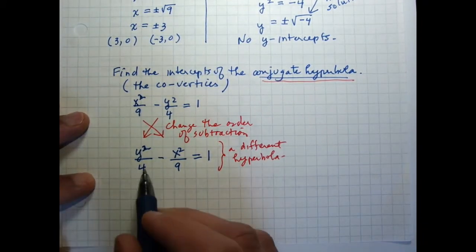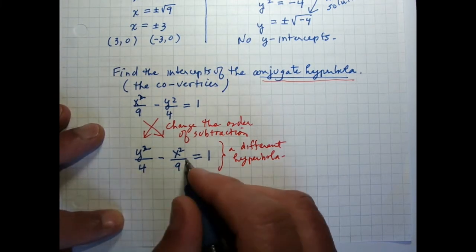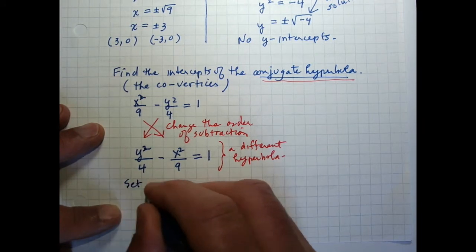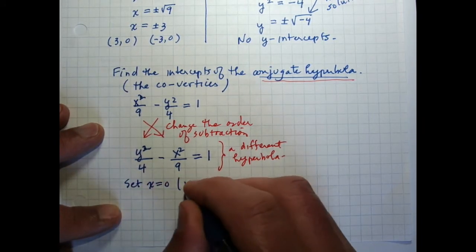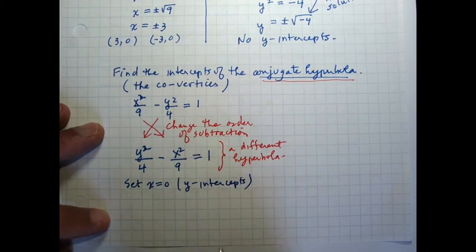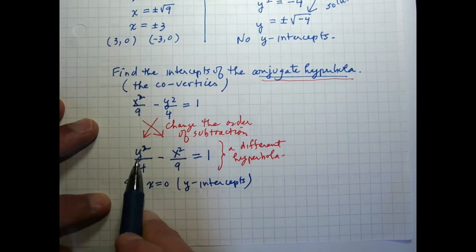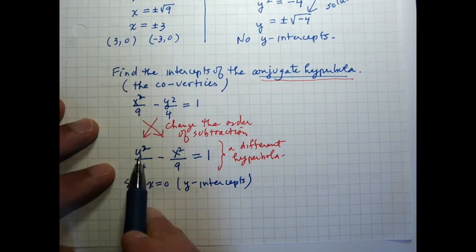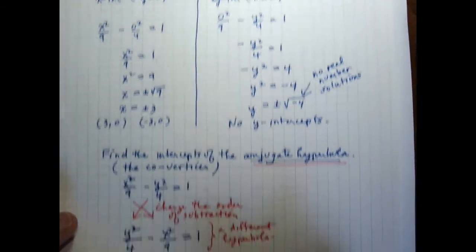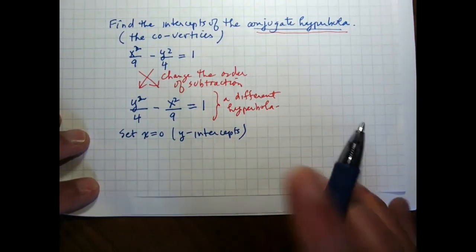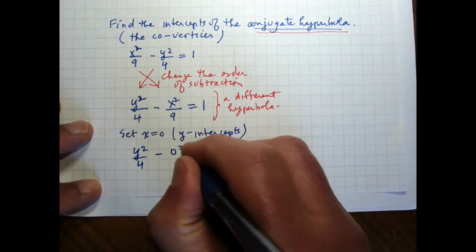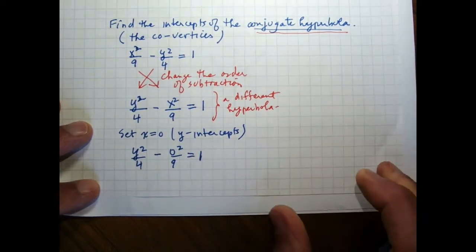Can you see from this equation that now I can set x equal to 0 to find y-intercepts? And actually, I cannot set y equal to 0 in this equation. So the reverse happens here as what happened with our original equation. Now I can set x equal to 0. I get y squared over 4 minus 0 squared over 9 equals 1.